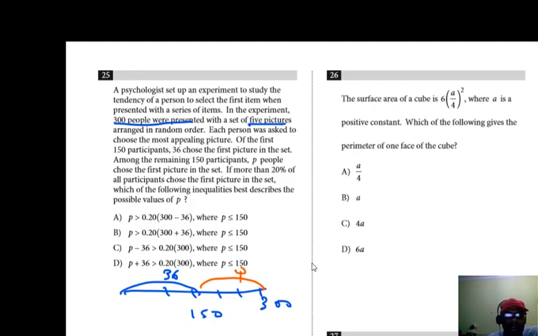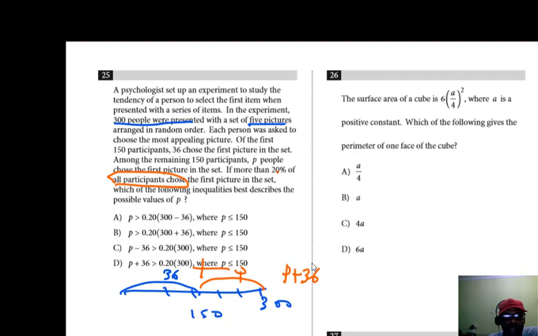So they chose this combination. If more than 20% of all participants, 300, chose the first picture in the set, which means these two, P plus 36 belongs to 20% of all participants.